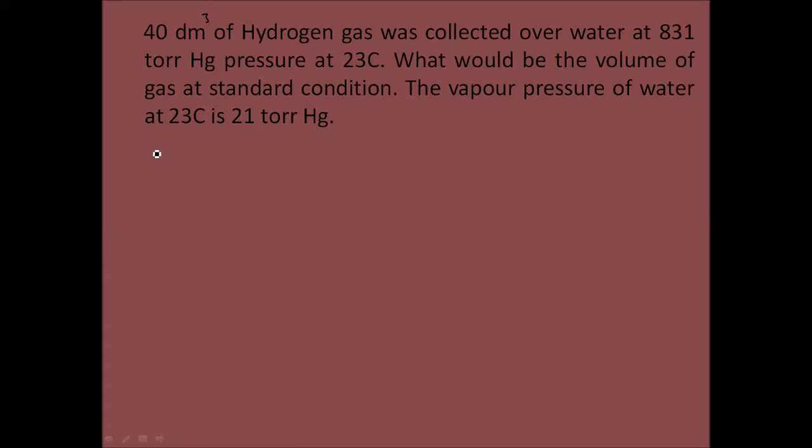First of all, we need to write the data. The given volume is 40 dm cube. The temperature T1 is 23 plus 273 Kelvin, which will be 296 Kelvin.